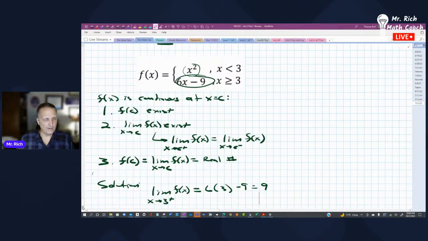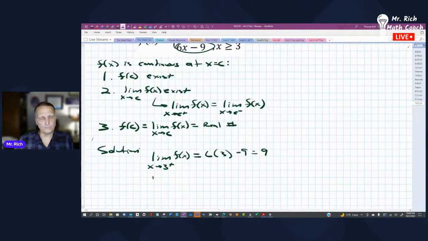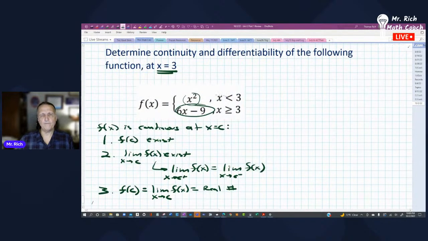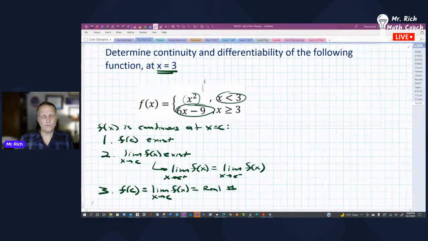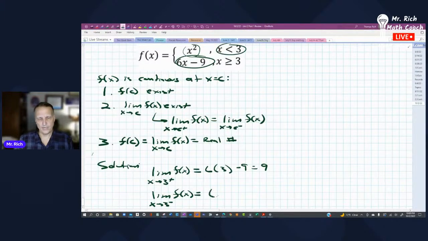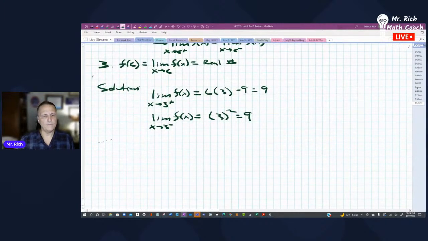Then I'm going to evaluate the limit coming in from the left-hand side as I approach 3 from the left. And coming in from the left, I would be using this first function, and through direct substitution, I get 3 squared, and that's 9. So I can say that this function is continuous. Okay, so f of x is continuous at x equals 3.